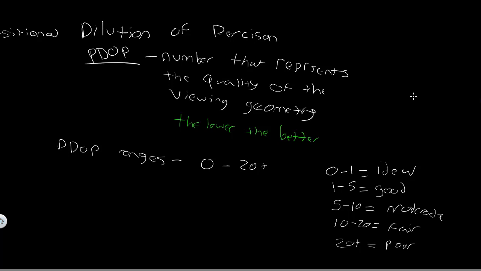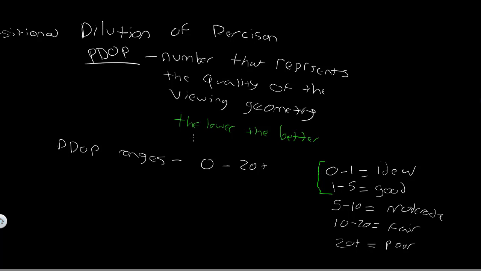When you're collecting data for most purposes, you really want to be in the first two categories, basically less than 5. If you're really desperate or in an area where that isn't possible, it could be buildings or tree cover, you just don't have good geometry, because the geometry requires you to be able to see the satellites.